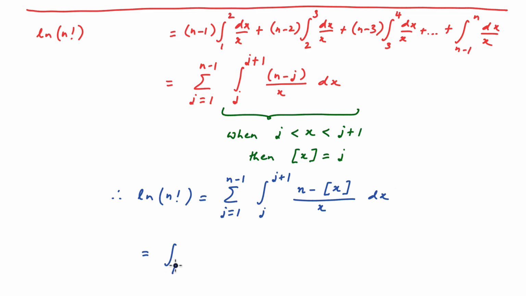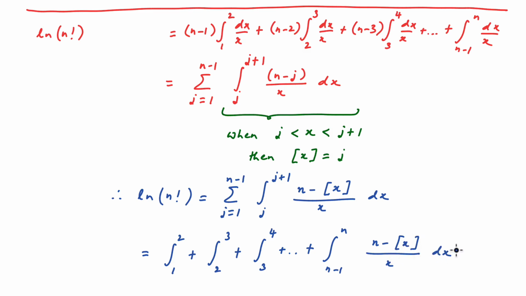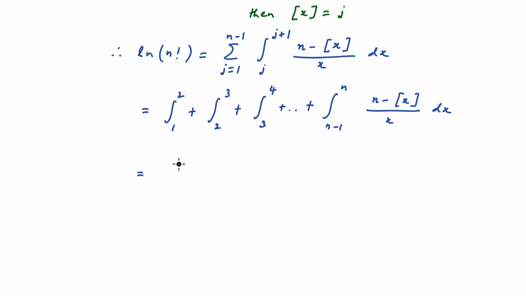This can be expanded as integral 1 to 2 plus integral 2 to 3 plus integral 3 to 4 plus and so on, integral n minus 1 to n, and the integrand is n minus the integral part of x upon x dx. Note that the sum of all of these integrals is the integral 1 to n, and the integrand is n minus the integral part of x upon x dx.